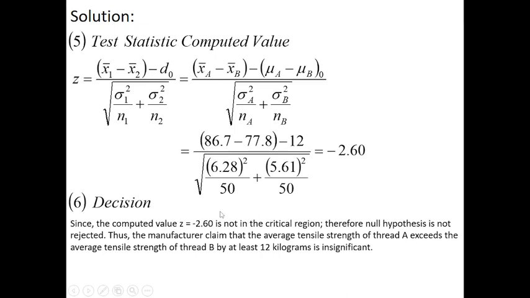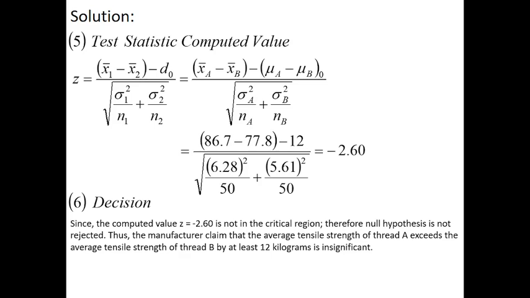Since the computed value z equals negative 2.60 is not in the critical region, the null hypothesis is not rejected. Thus, the manufacturer's claim that the average tensile strength of thread A exceeds the average tensile strength of thread B by at least 12 kilograms is insignificant.